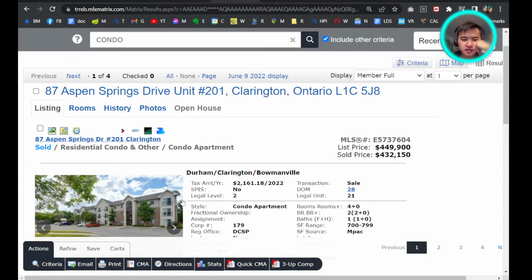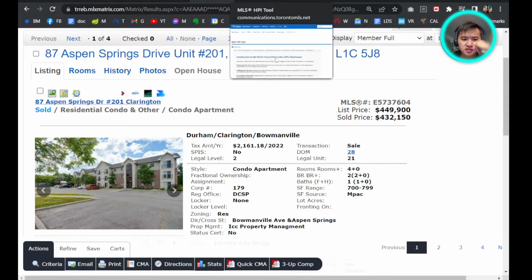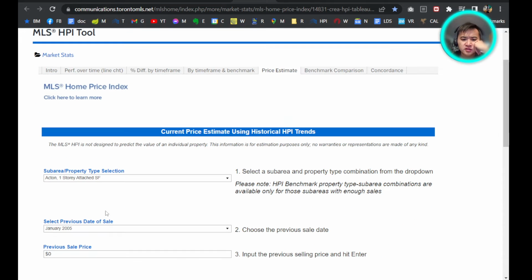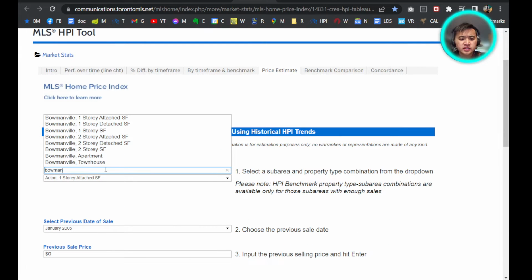So what I'm gonna do now is I'll take a look at the home price index here. Let's see, this is in Bowmanville. Let's see if we have that here. It does.